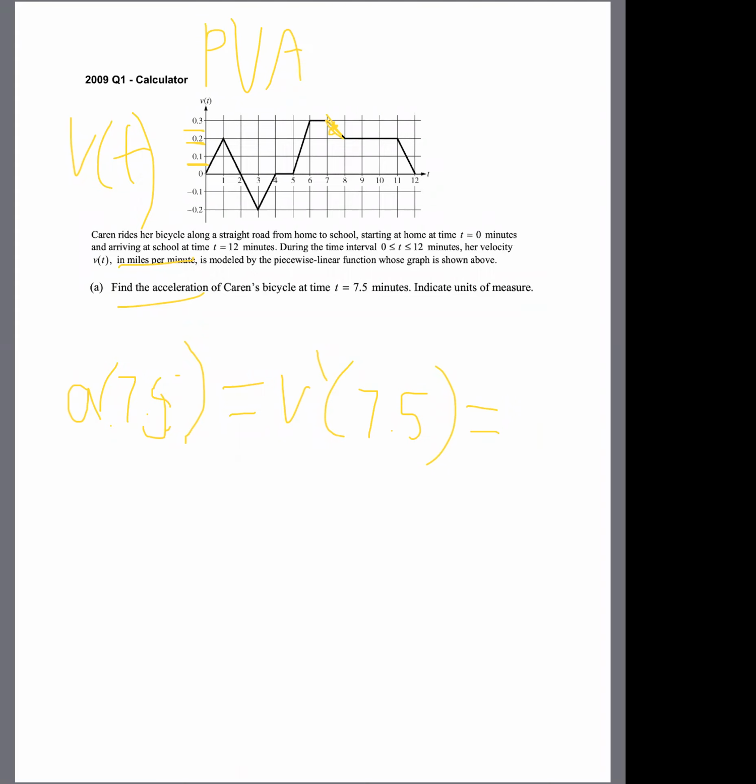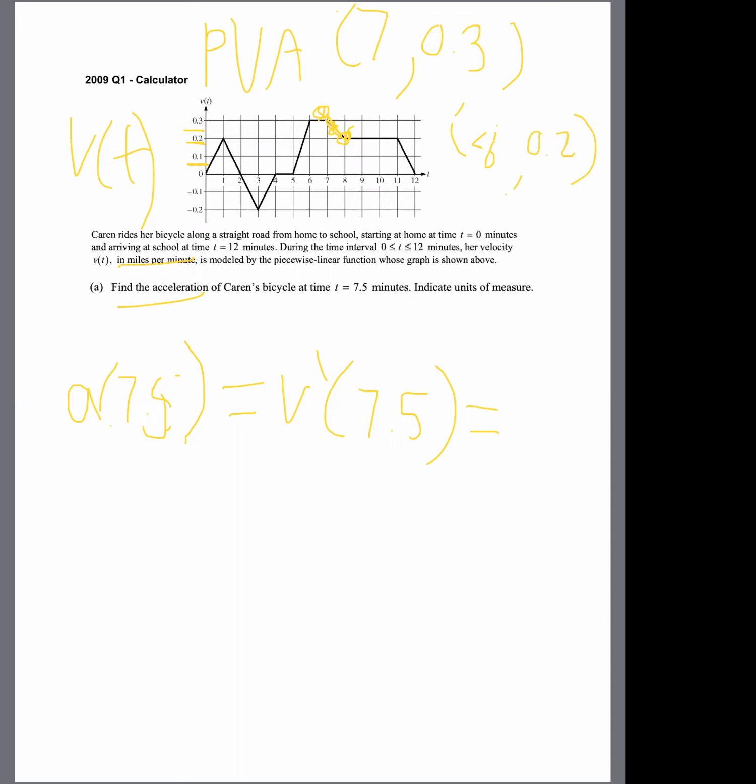Well, you can do rise over run, but really the best way to do it is to use this point right here and this point right there. And those points are 7, 0.3, notice the units that are there, and 8, 0.2. And we can just do y2 minus y1.